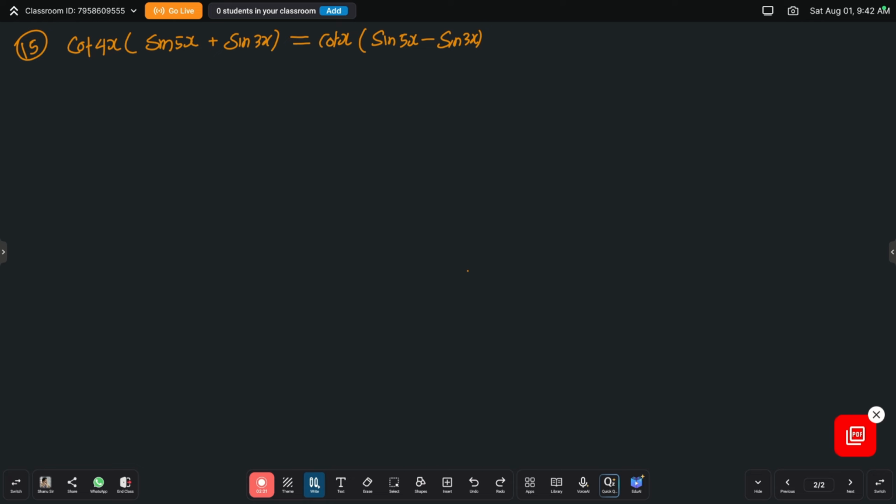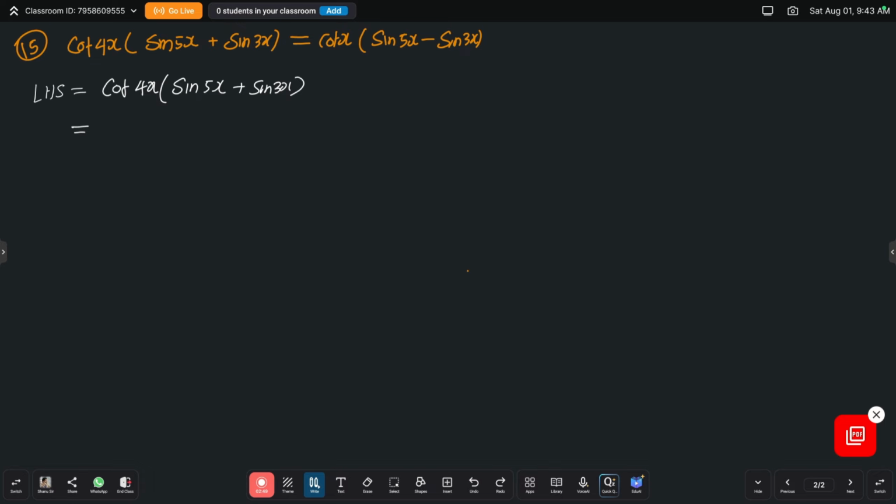Here, if you take the left hand side and simplify it, cot 4x into sin 5x plus sin 3x. Cot 4x means break it into cos and sin. What is cot theta? Cos theta upon sin theta.